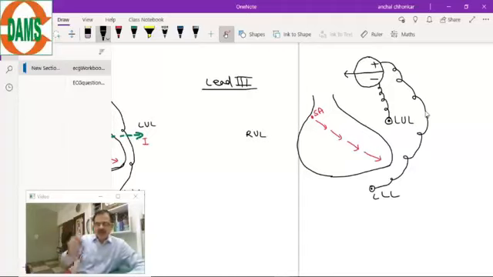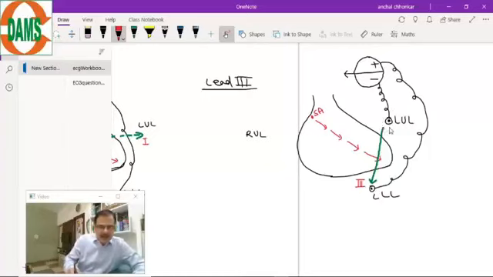So this is the connection of lead 3, and the vector line of lead 3 will be like this. This is the direction of lead 3.